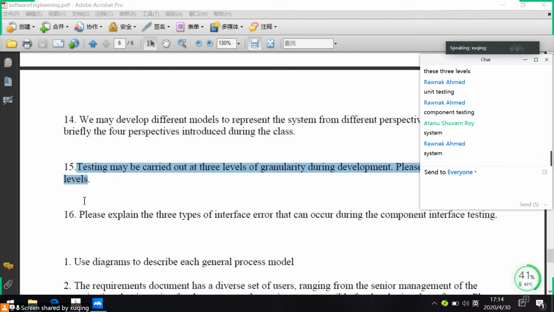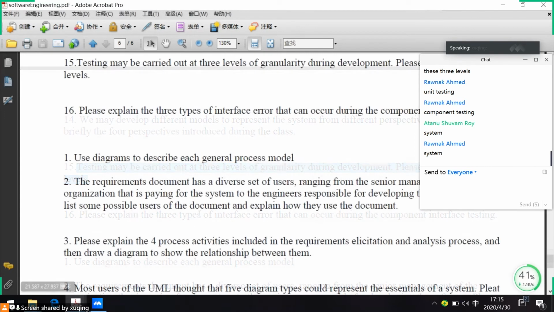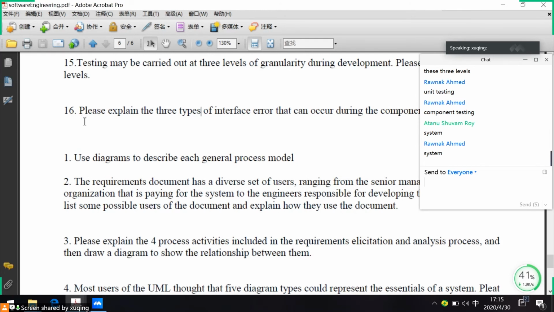So you can try to explain a little each level of granularity. Okay, for the 16th question, please explain the three types of interface error that can occur during the component interface testing.